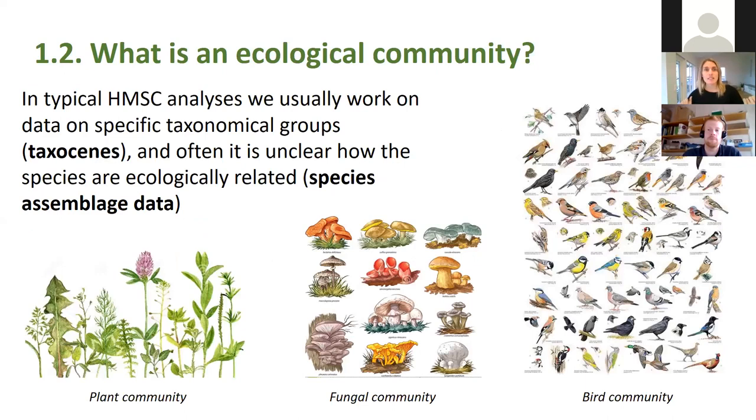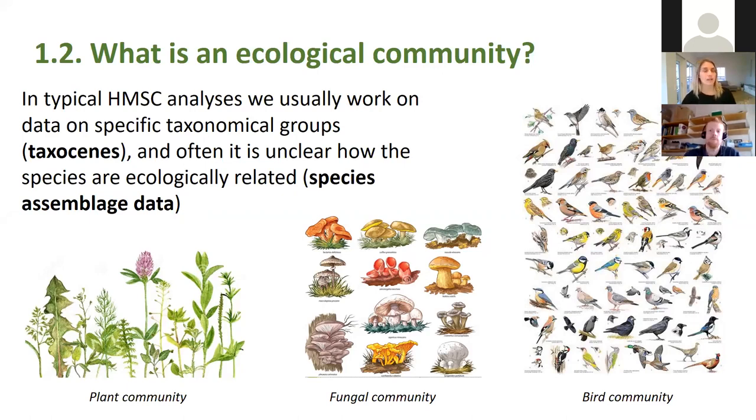In typical HMSC analysis, we usually work on data on specific taxonomical groups, either because we have been trained to identify specific taxonomical groups, or because the methods that we are using to identify the species are taxon specific.